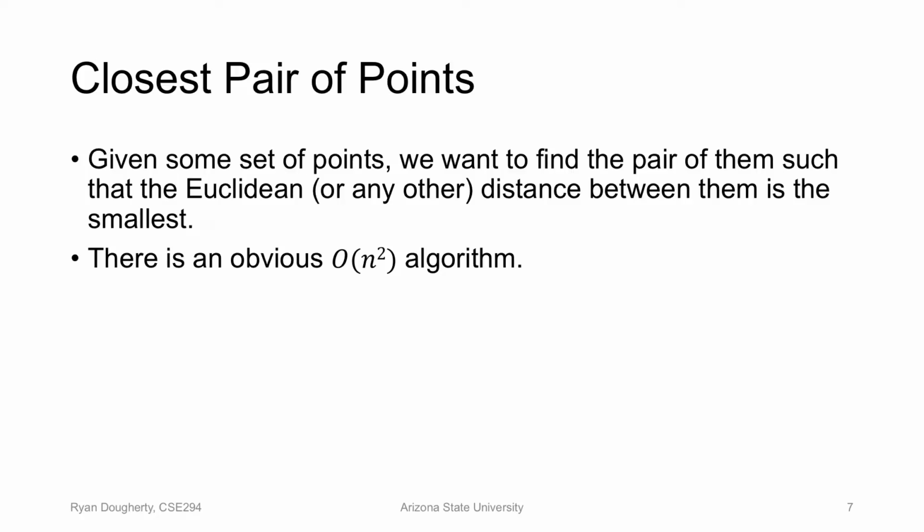For i in the list of points, for j in the list of points, and make sure i is not equal to j here. Calculate the distance between i and j, and then see if it's the minimum so far. If it's less than the current minimum, then you store that pair. Okay? So there's an obvious n squared algorithm. Just loop through each of the possible pairs.